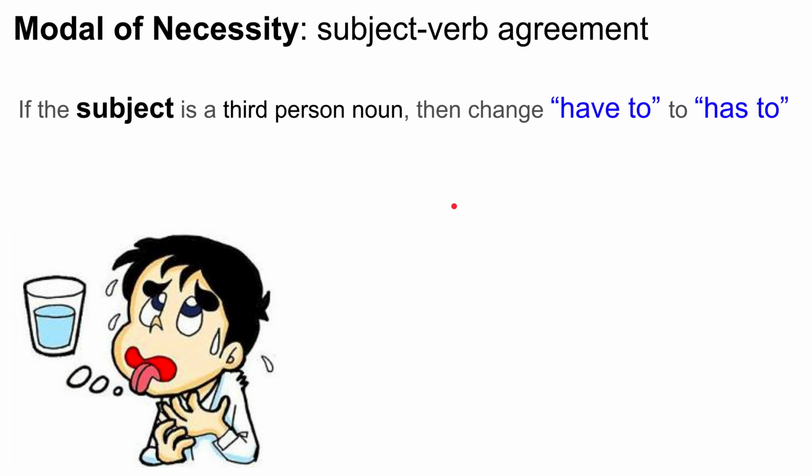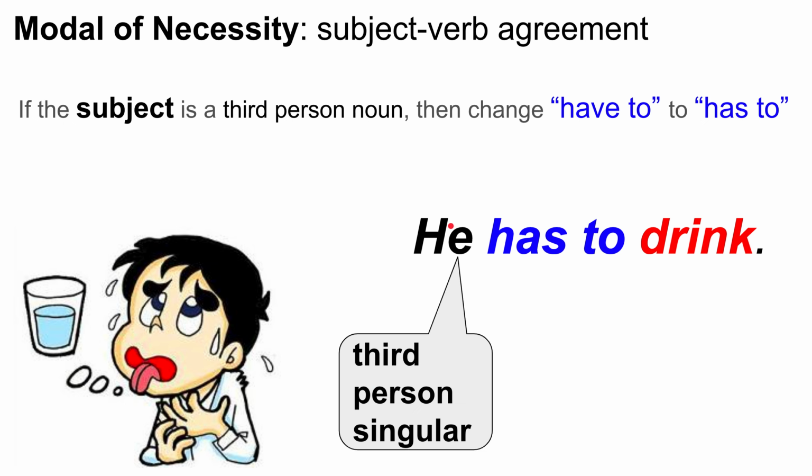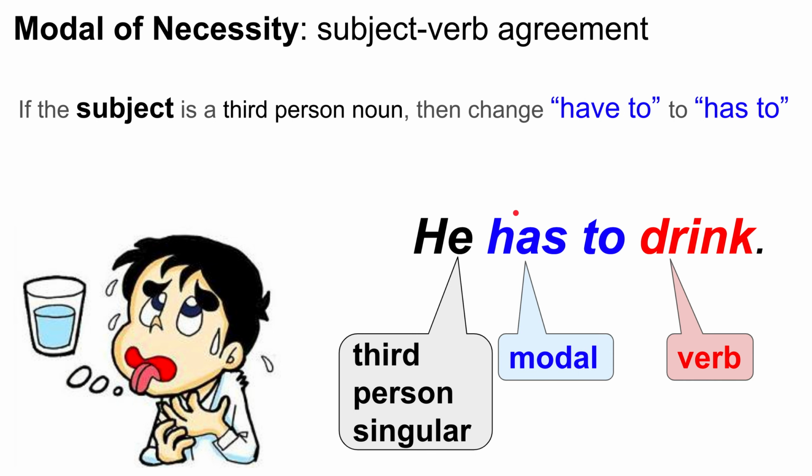Let's look at another rule. If the subject is a third person noun, then we change have to to has to. For example, he has to drink. He is a third person singular noun, has to is the modal, and drink is the verb. Let's look at another example that shows this rule.